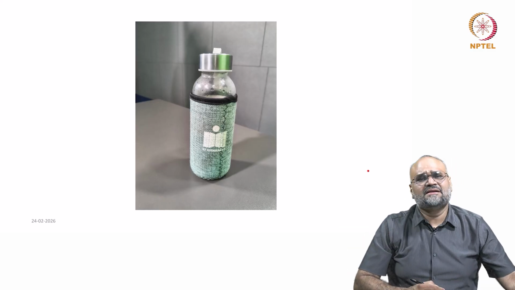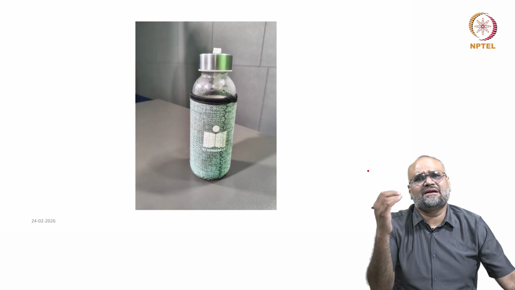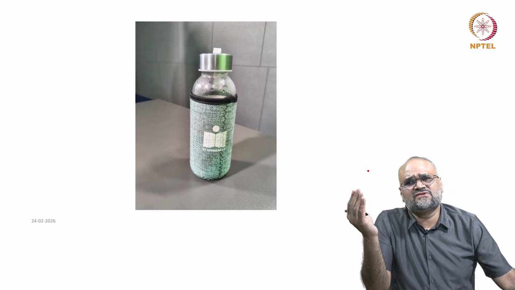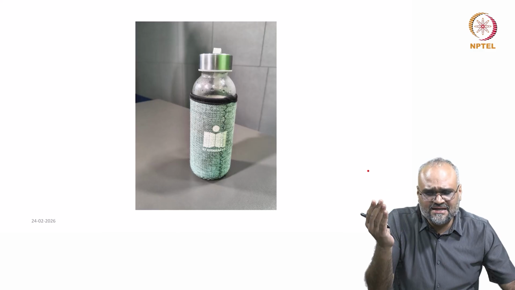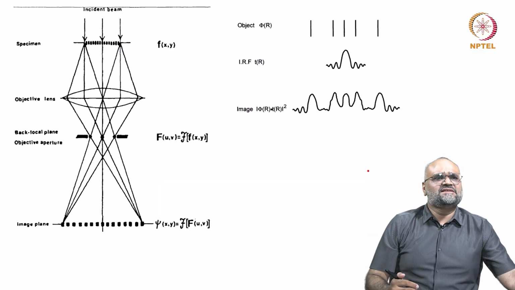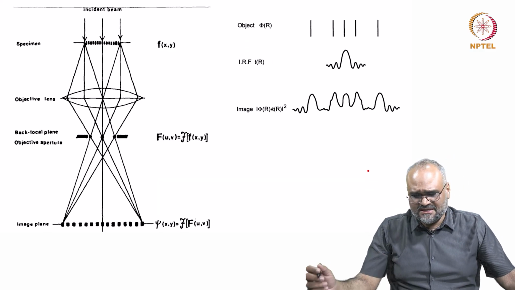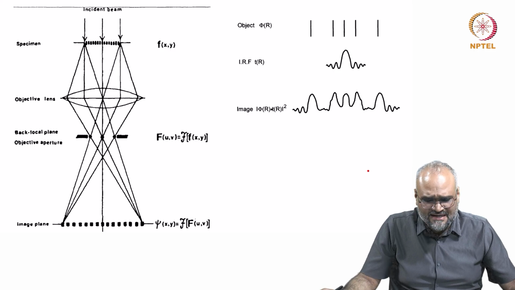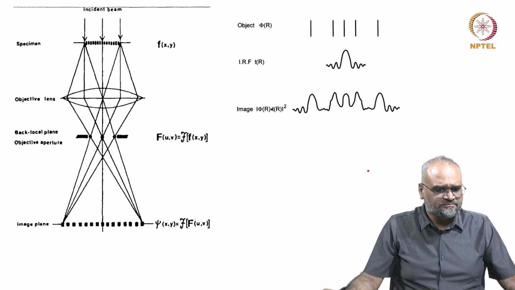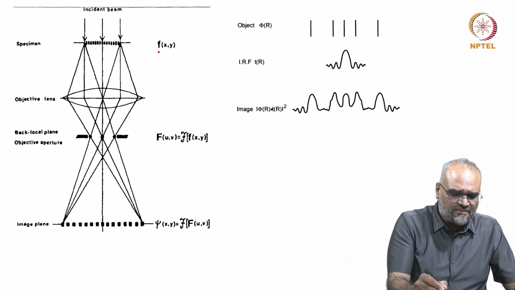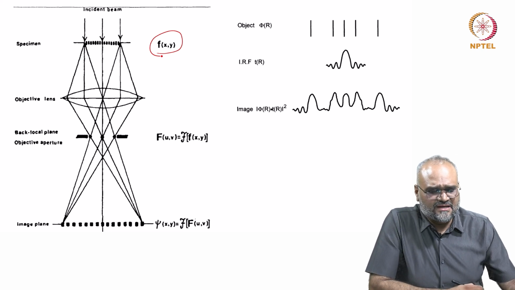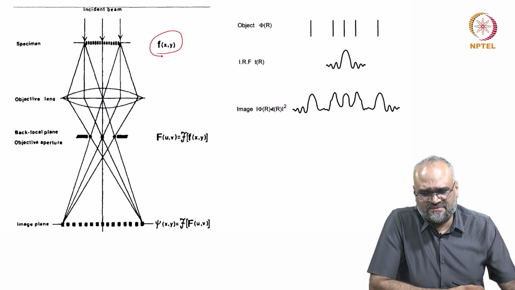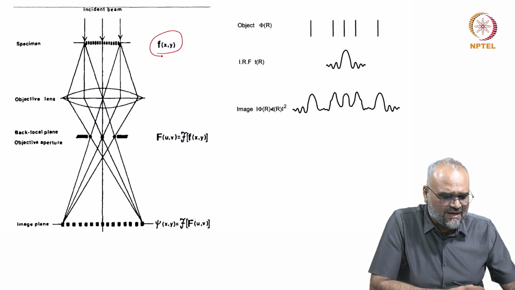So what I can now do is, if I want to look at the transmission electron microscope as some kind of a mathematical modulator, if I look at this particular schematic, which is from the paper from Dirk van Dijk that I was mentioning in the very beginning, I look at the incident beam, which has some kind of wave equation represented as f of x comma y.